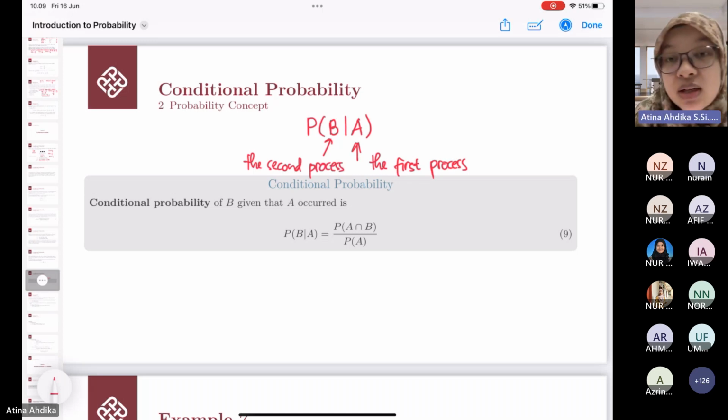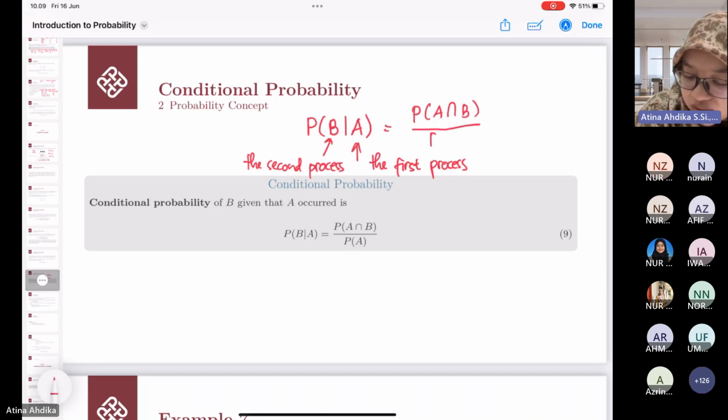So the probability of the second process given the previous process can be calculated by dividing the probability of the intersection of A and B by the probability of the previous process or previous events. Okay, so this is the formal definition of the conditional probability.